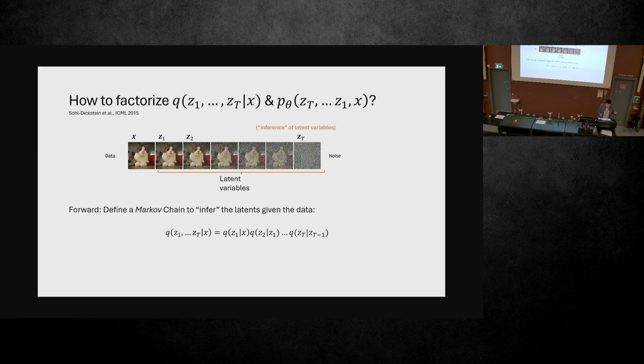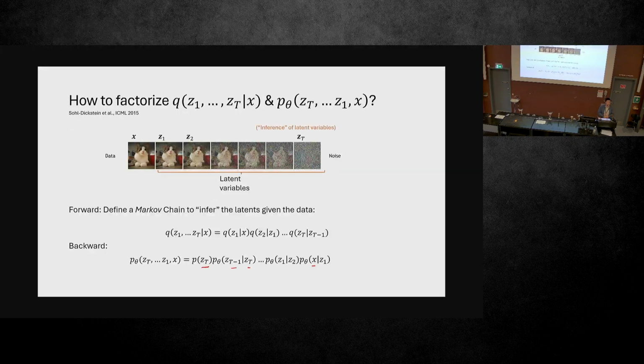So that's Markovian. For the backward process, we assume the same. It's also Markovian, but it goes from ZT, which is sampled from the prior, then ZT minus 1 given ZT, and iteratively we have X given Z1. So it's this Markovian procedure.